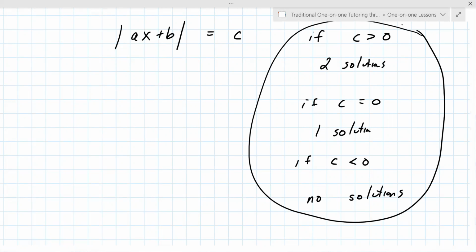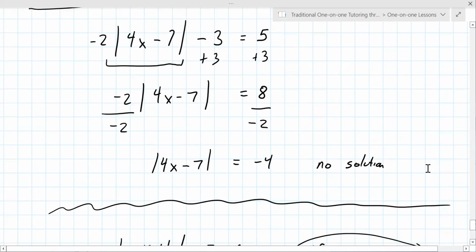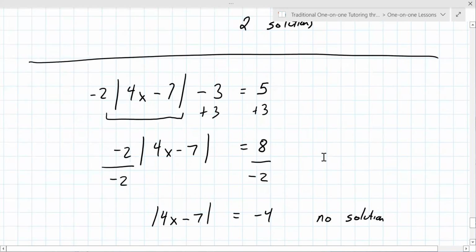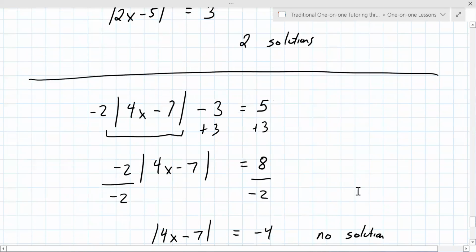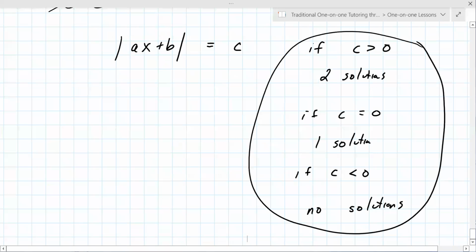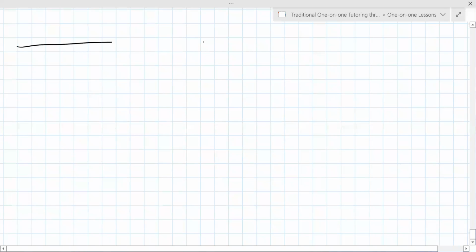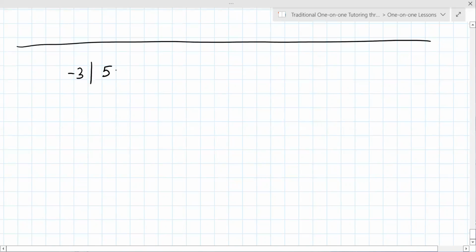Because what I want to do now is give you some problems, just like I did here. And basically all I want to know is how many solutions are there? Is there no solution, 2 solutions, 1 solution? That's what I want to know. So you have to solve for the absolute value. Okay, let me give you your first problem. -3 times absolute value 5x minus 9, plus 6 equals -9.